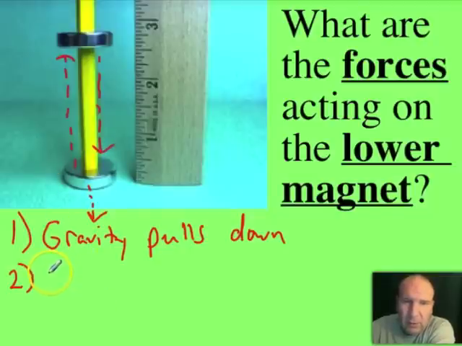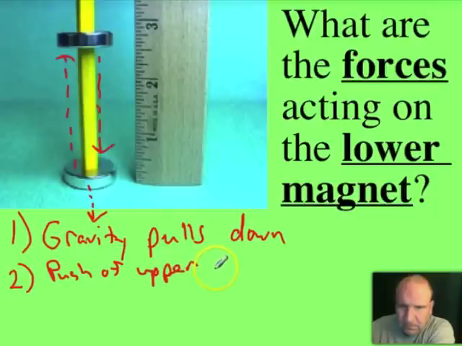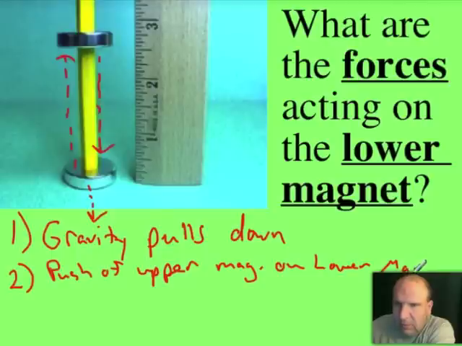Okay, so we have a push of upper magnet. I'm just going to put MAG on lower magnet. So these are the only forces that we've talked about so far.